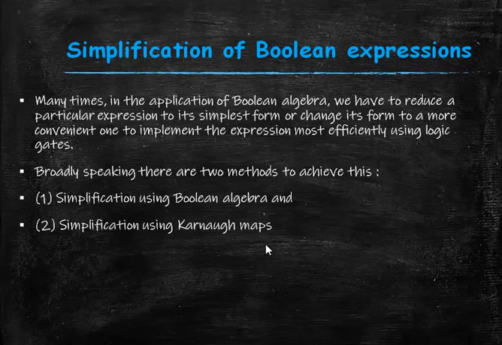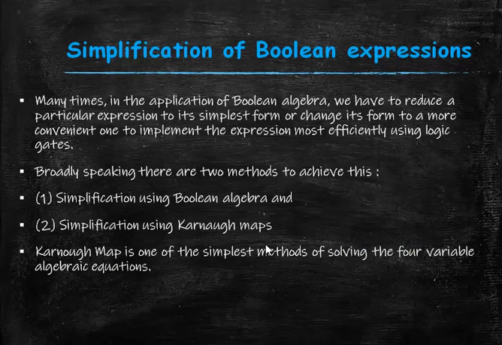But if the number of variables is more, this method must be very tedious. In that case, we can use the Karnaugh map. Karnaugh map is the simplest method of solving four variable Boolean expressions.